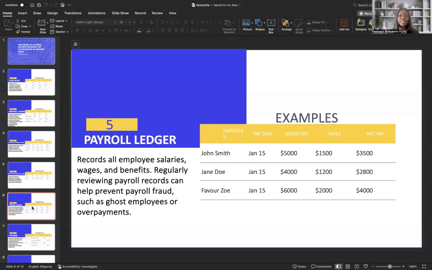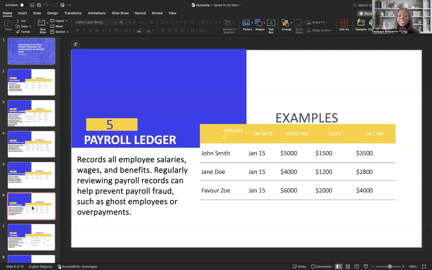So there are cases that we've seen where names of employees that have already left the business were kept on the payroll and they were still being paid, right? But the monies were going into a different account, not the account of the employee that left the business.